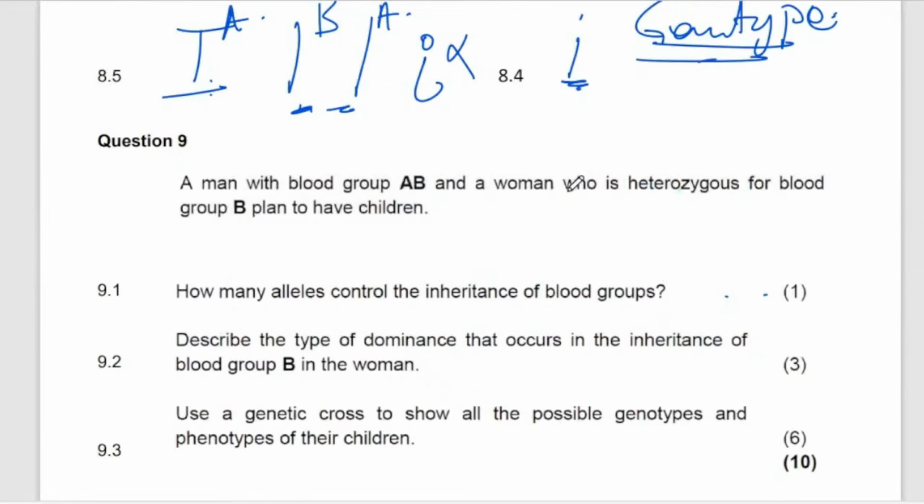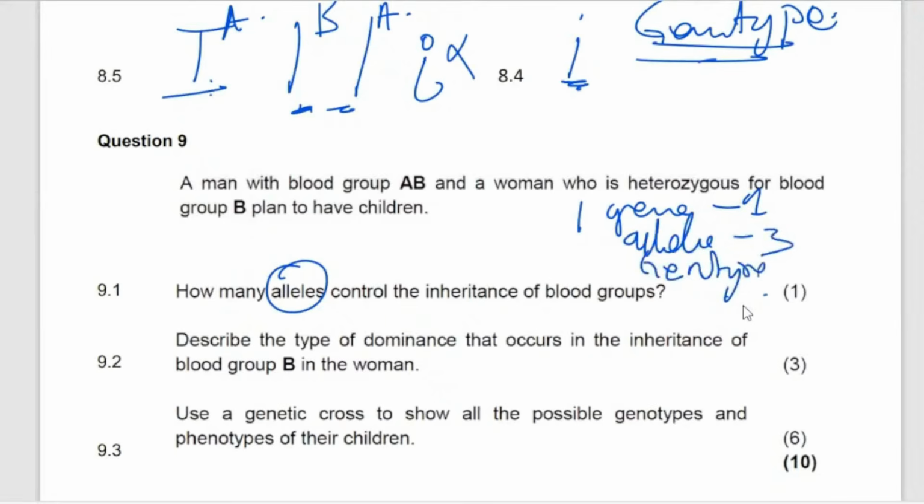A man who is blood group AB marries a woman of blood group B, and they have children. How many alleles control blood group? They're now talking about the alleles. Gene is 1. Alleles, there are 3. Genotypes, there are 6.